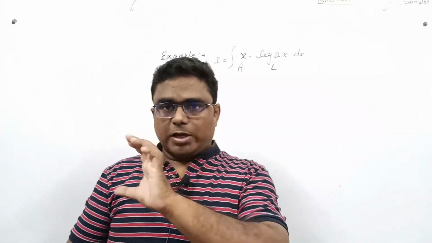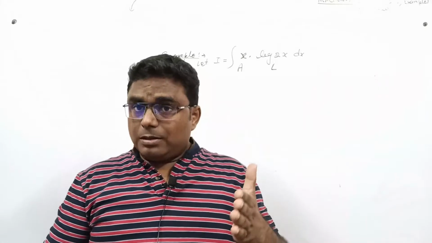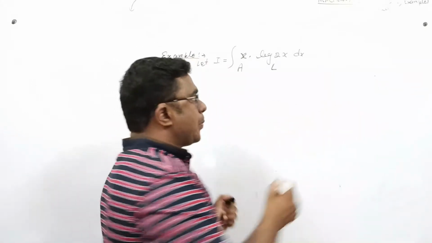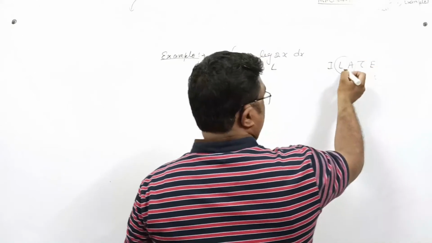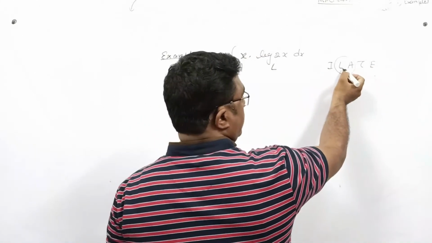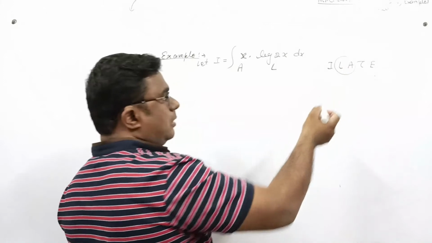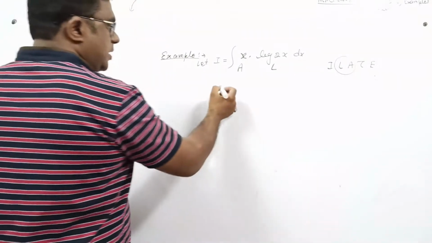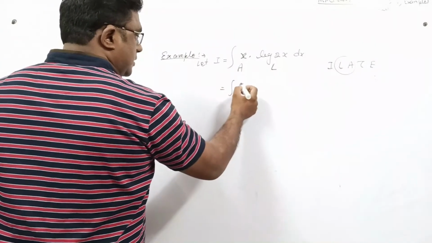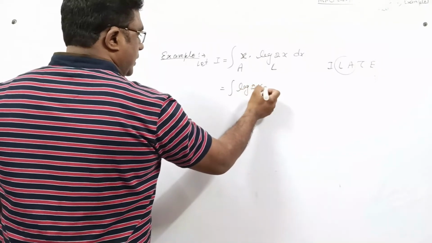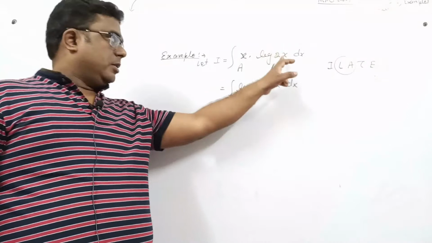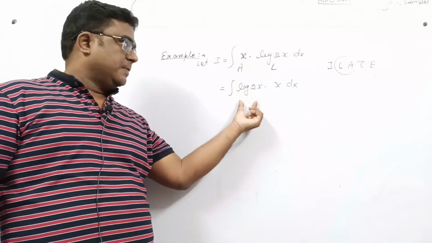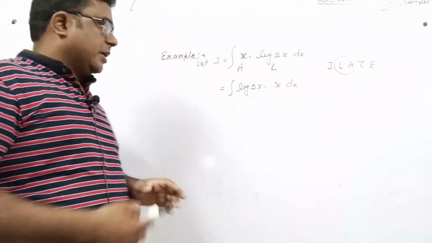According to the spelling of ILATE, L comes before A. So who is coming earlier? L is coming earlier as compared to A. It means I will change their sequence: log 2x into x dx. So I have written the log function on the first place and this function on the second place.